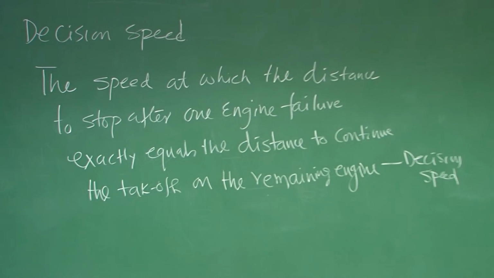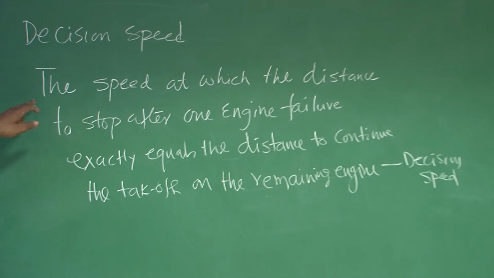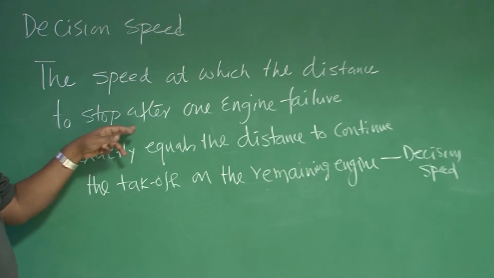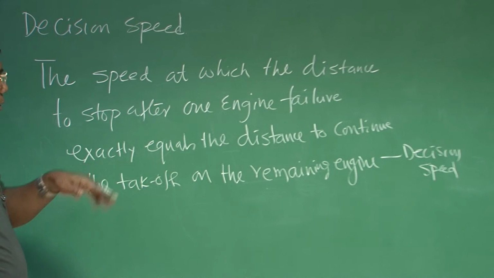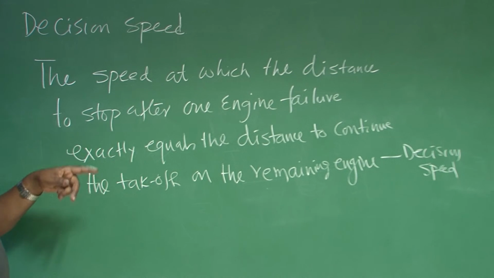So what is the decision speed? The speed at which the distance to stop after one engine failure exactly equals the distance to continue takeoff on the remaining engine, right? Okay.